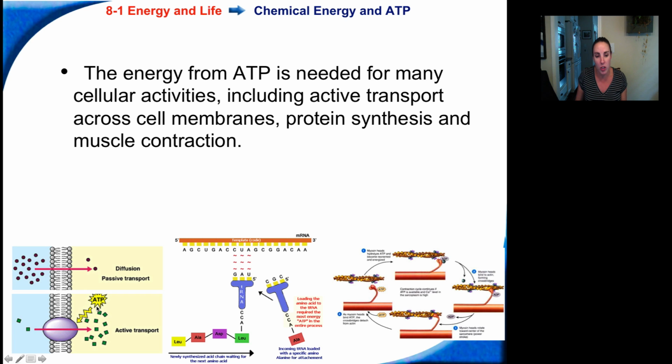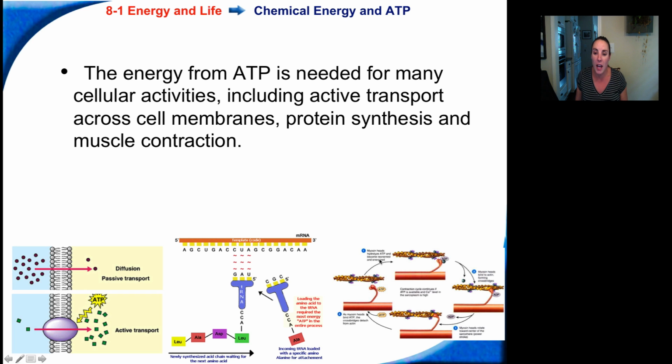We need the energy in order to do that. Another thing is making proteins. ATP is required in this process. Loading the amino acid to the tRNA required the most ATP energy in the entire process. So ATP is needed to make proteins, and also ATP is used in muscle contraction.